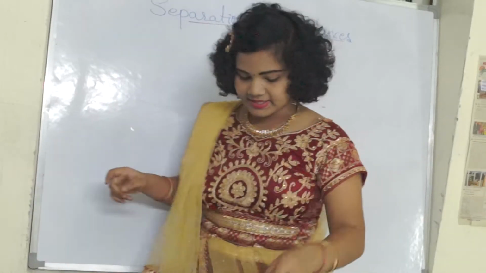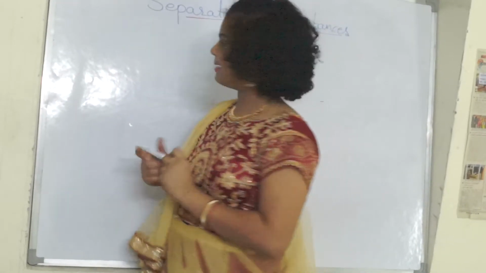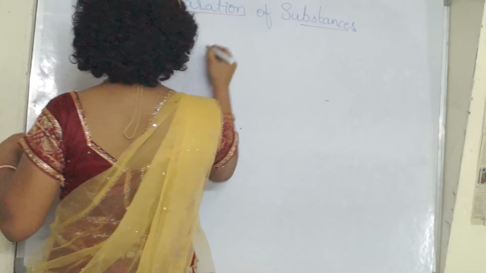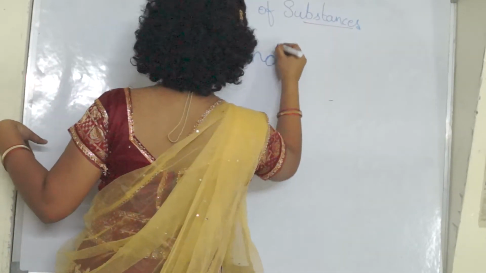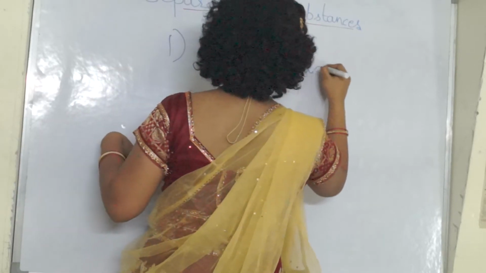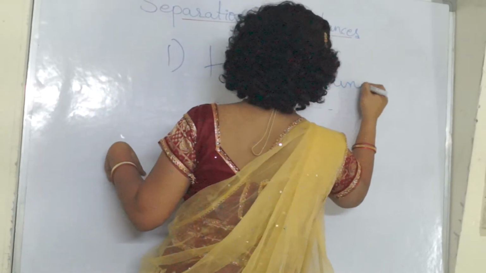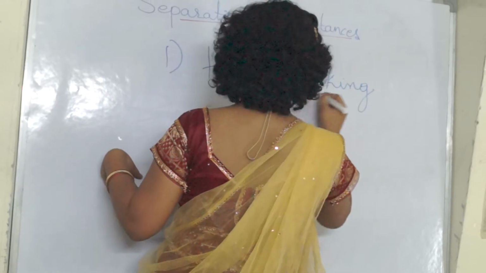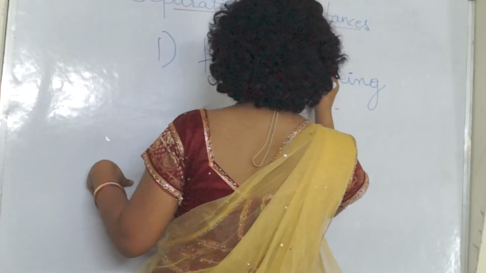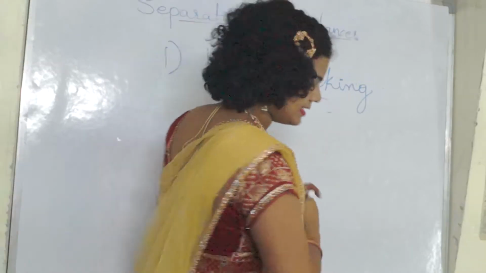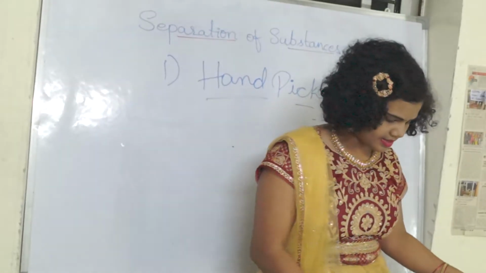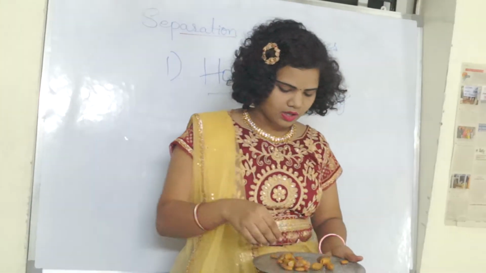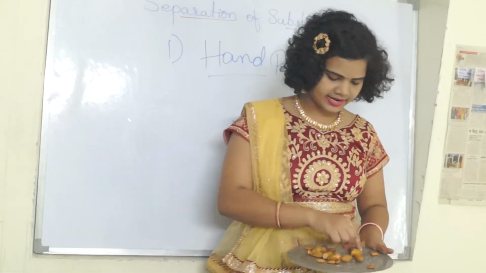So the first method we have is the hand picking method. Hand picking. Let's say I have almonds and dates right here.